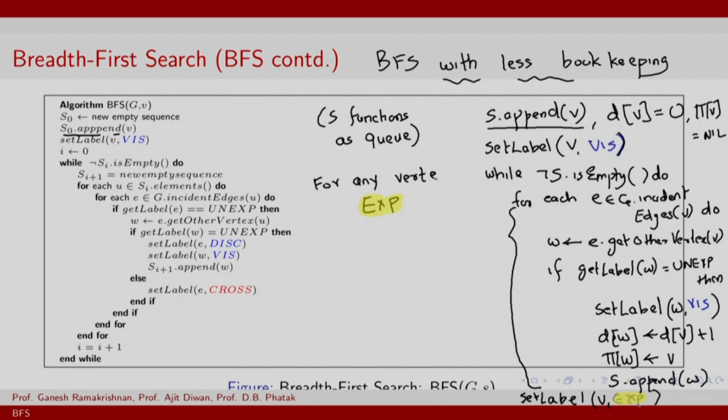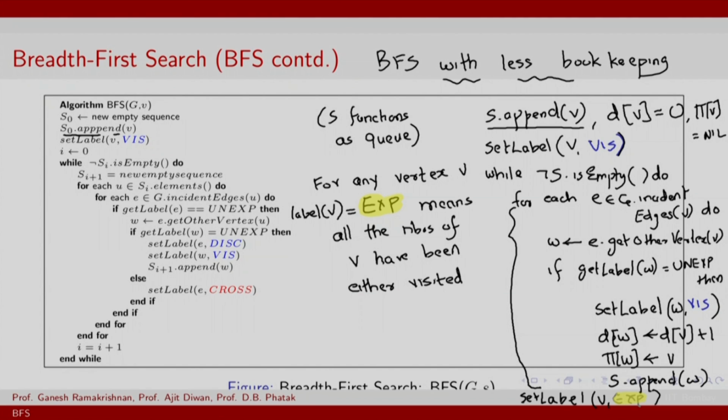For any vertex V, the label of V is explored means all the neighbors of V have been either visited or explored. So an explored node cannot have an unexplored neighbor.